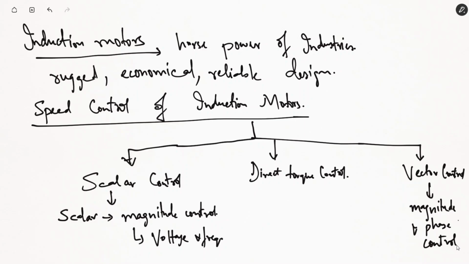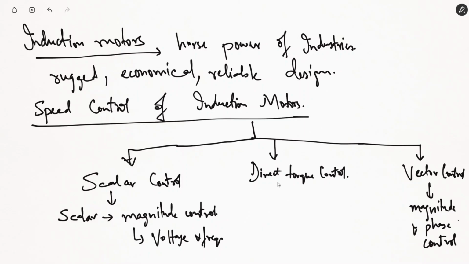Because of this vector control strategy, there are a number of advantages that we'll study gradually. These are two types of speed control strategies.